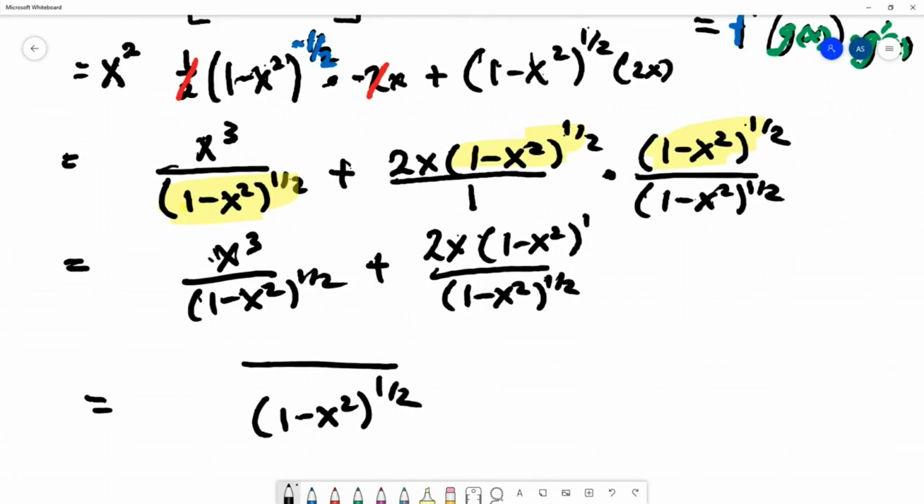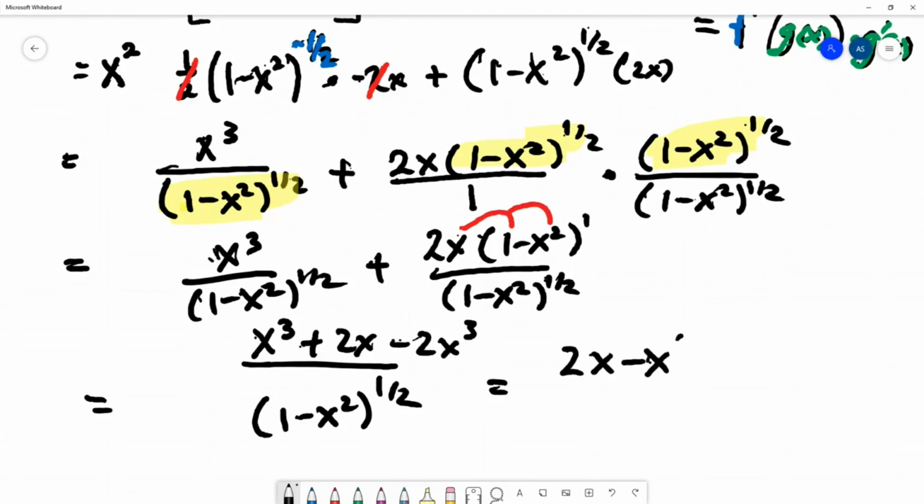That's my common denominator. And in the numerator, I'll distribute that 2x to both the terms. It's x cubed plus 2x minus 2x cubed. I can combine the like terms in the numerator, and I'll have 2x minus x cubed over the square root of 1 minus x squared. So that gives me my derivative simplified with that algebra.